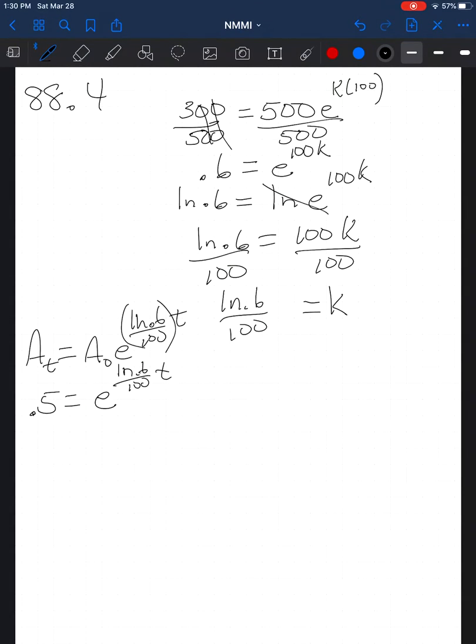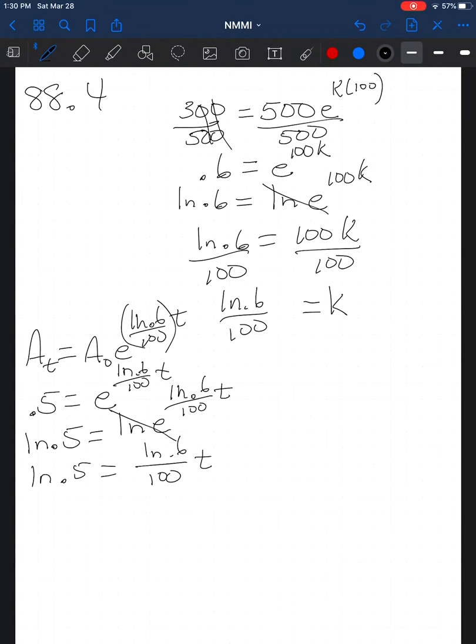So it doesn't matter what the initial amount was. This would be ln of 0.5 equals ln of e to the ln 0.6 over 100 times t. So that would cancel out. You have ln of 0.5 equals ln of 0.6 over 100 t.